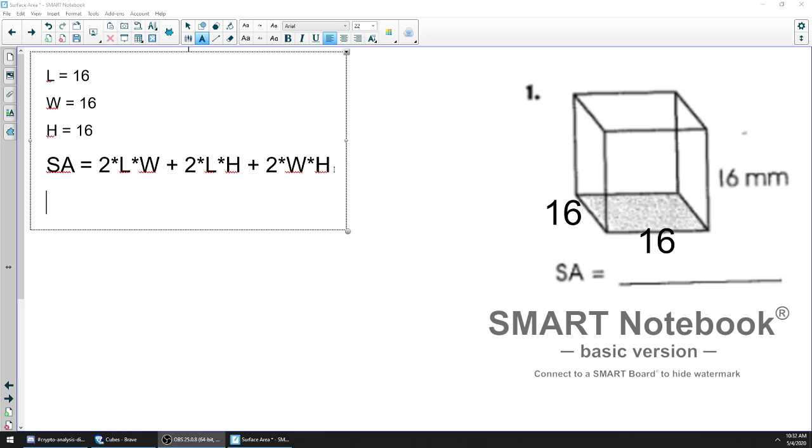And I write down my equation, if you're choosing to use the equation. What do I do now? I plug in my numbers into the variables. So L would equal 16, W would equal 16, L 16, H 16, W 16, H 16.